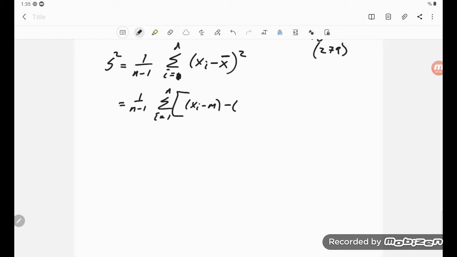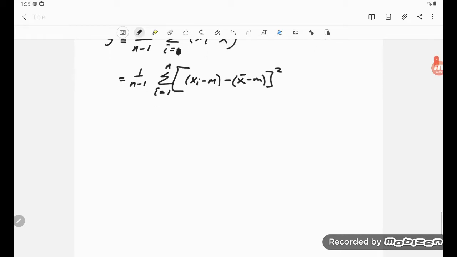But when we add it back in, we'll put it inside this minus, so it will look like a minus. And so we have that thing squared.